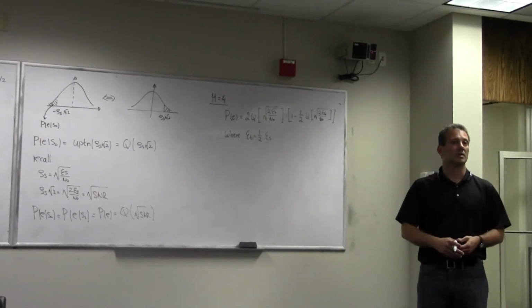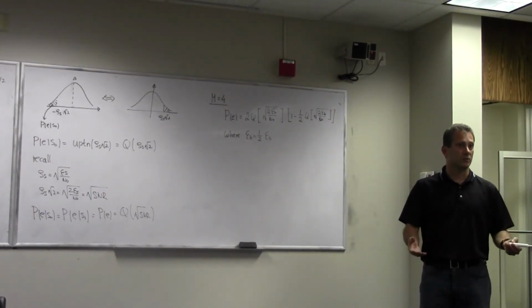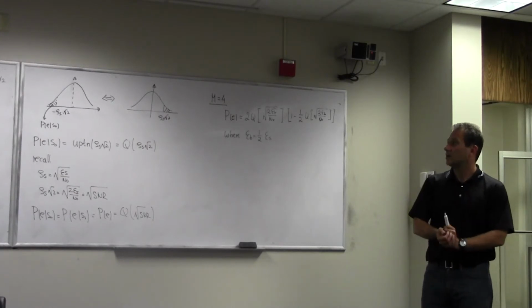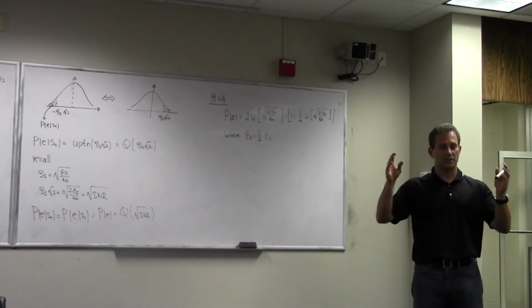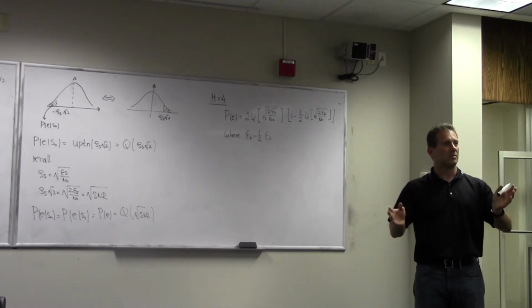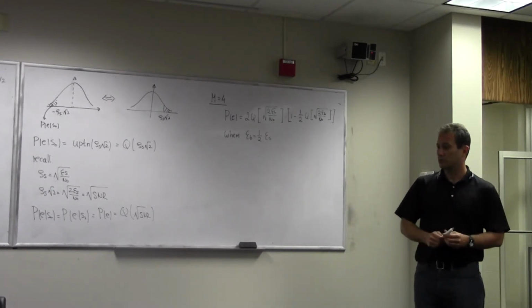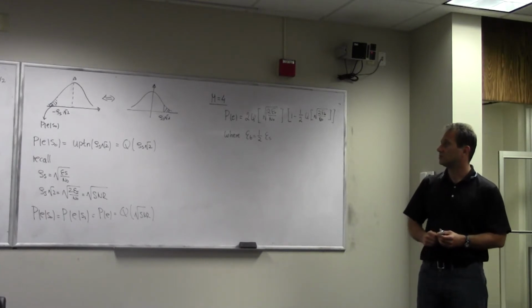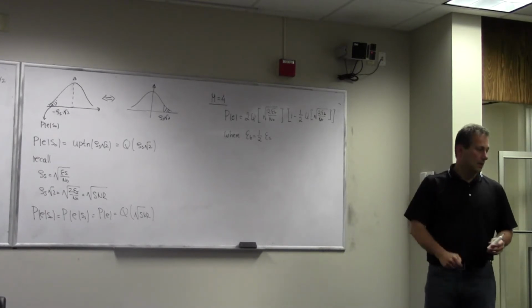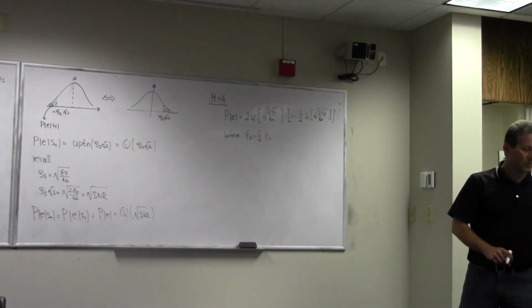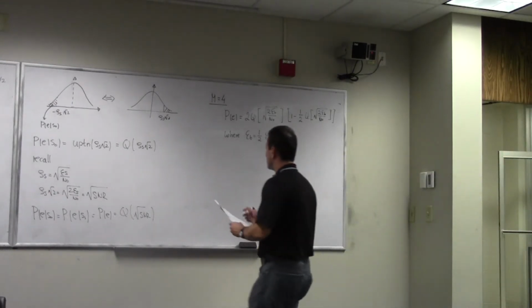We have to do it through some sort of simulation or some sort of numerical integration. Now, you still want to do it once because you want to understand where all of this is coming from, get some intuitive feel. But in practice, you always resort to some sort of simulation or some sort of software to do that. So let me put some notes and then I'll talk a little bit more about simulation.